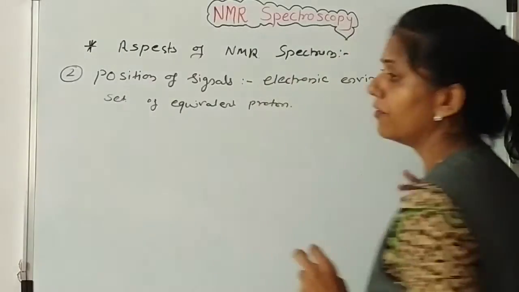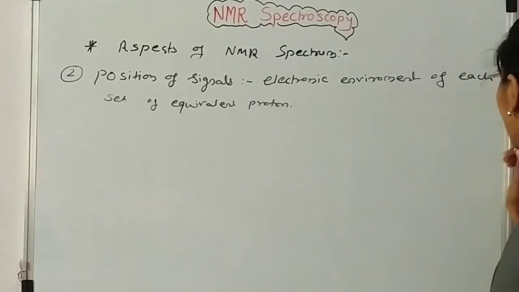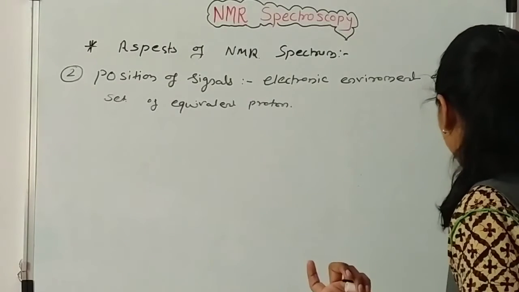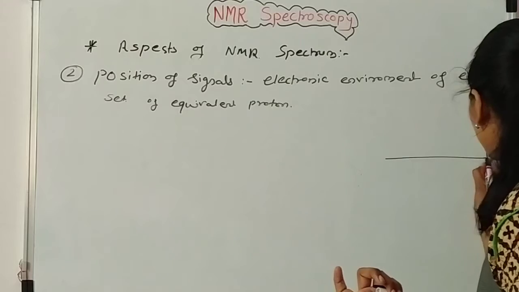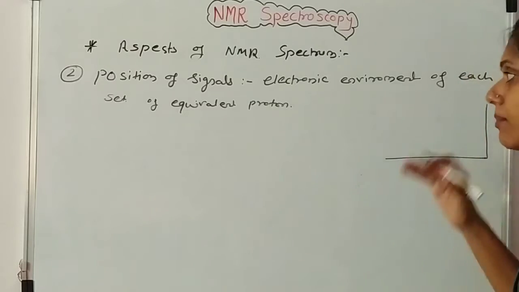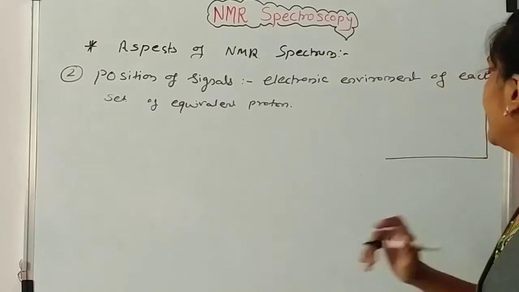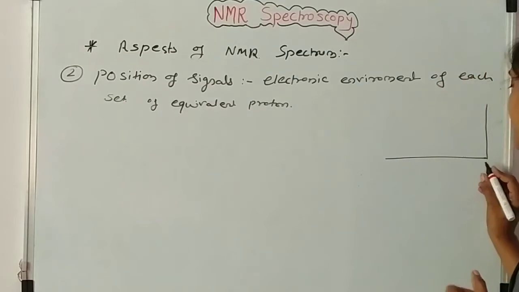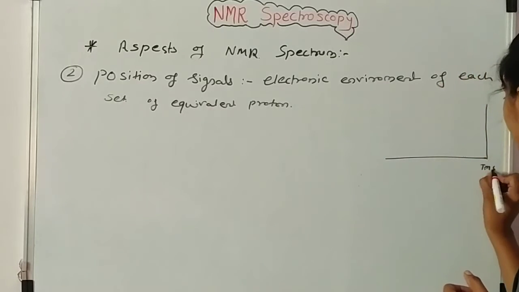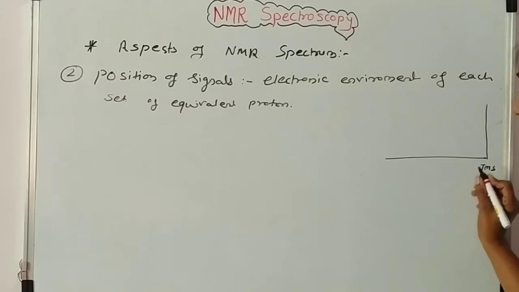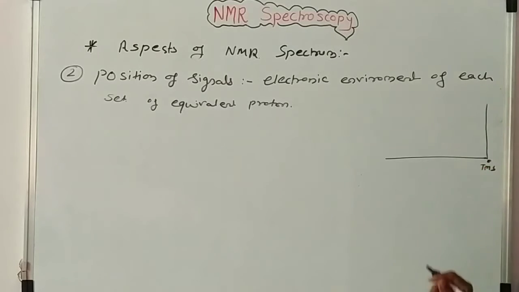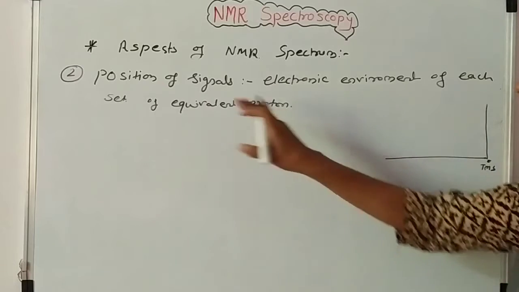We take here a little idea about the NMR spectrum. We will go into detail afterwards, but for understanding this point, I am taking the NMR spectrum here. We have taken a TMS signal as a reference point. 0 is the chemical shift value, or position of signal.